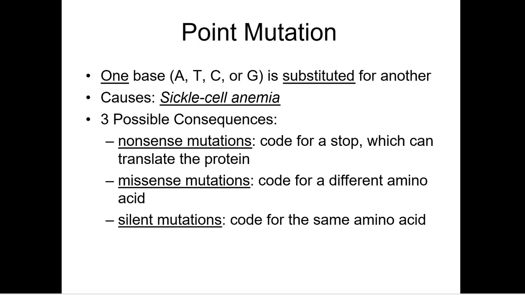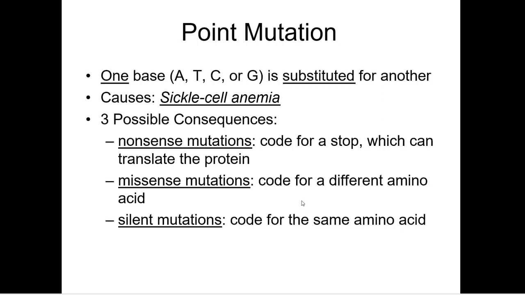So nonsense mutations: it could code for a stop, which can terminate the protein. What we call a missense mutation codes for a different amino acid. So just by changing this one base, you could end up coding for a stop and stop that protein where it shouldn't be, maybe in the middle of the protein.